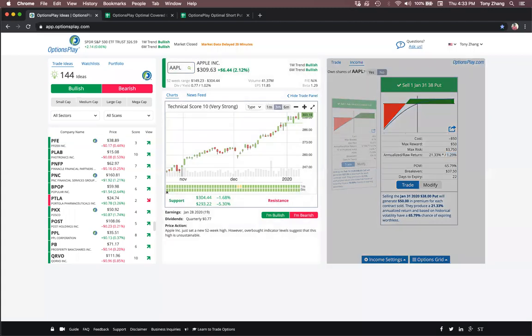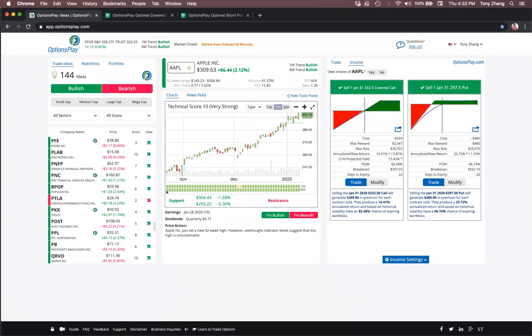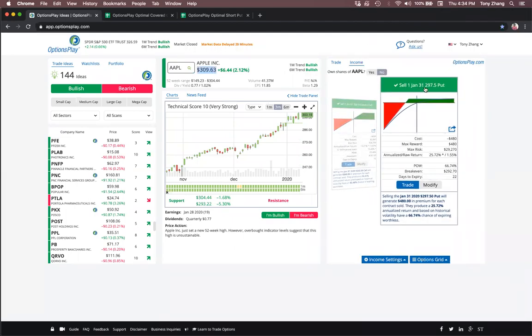Let's look at Apple. I saw quite a few people wanted to look at Apple. Now, I find it difficult to chase a stock that's had such a big run. But if you want to purchase Apple, let's take a look. Apple's trading at $309, almost $310 right now. Selling the January 31st, $297.5 puts yields $480 in income, which is a 1.55% discount factor.